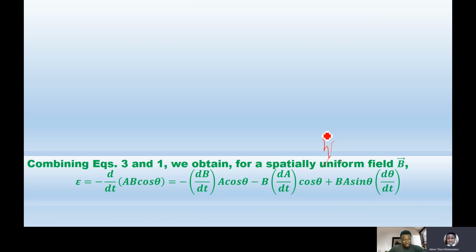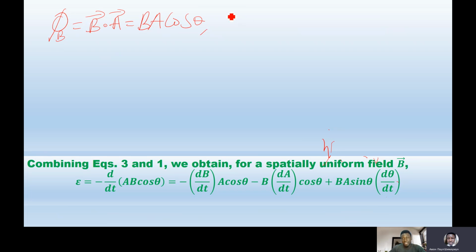Can you see that? We said for a uniform field, the magnetic flux phi B is equal to the magnitude of B, the magnitude of A, and the cosine of theta.